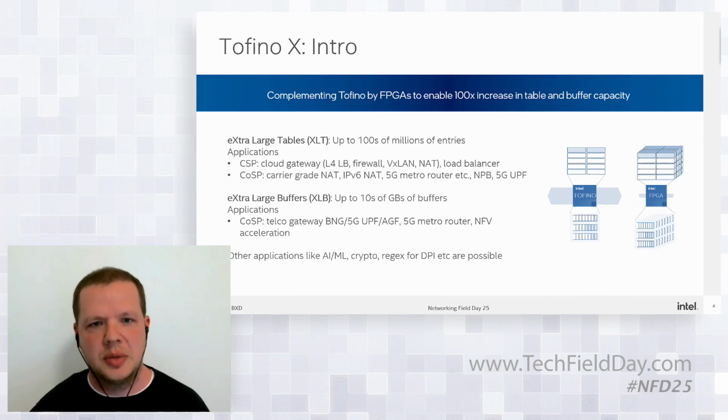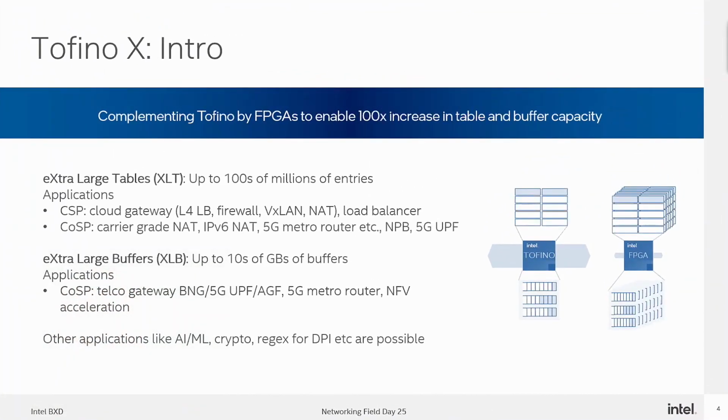By doing so, we're able to increase the table capacities by two orders of magnitude, and not only the table capacities, but also the buffer capacities. So these are the two major groups of use cases: the extra large tables, where by adding the FPGA into the system, we can achieve up to hundreds of millions of table entries.